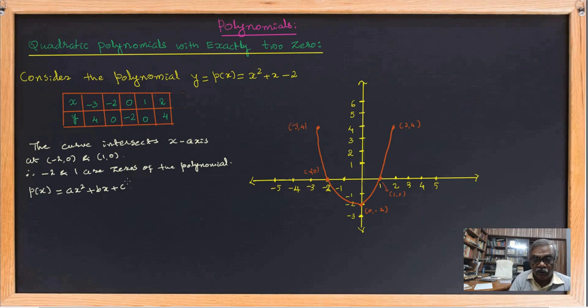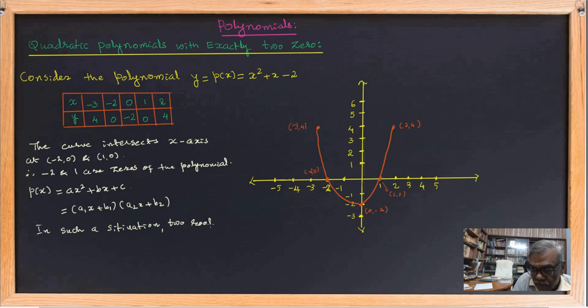If it has two zeros, then we can factorize this into two linear factors, (a1x plus b1) into (a2x plus b2), and in such a situation the two roots are minus b1 by a1 and minus b2 by a2, which we have seen in the case of linear polynomial.